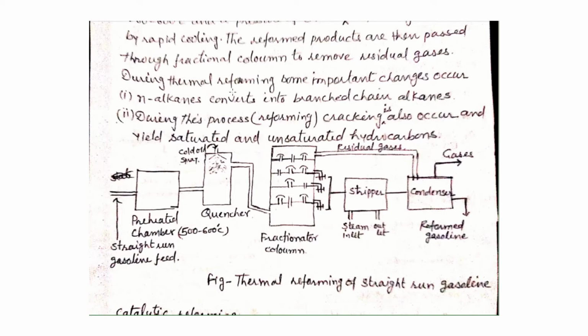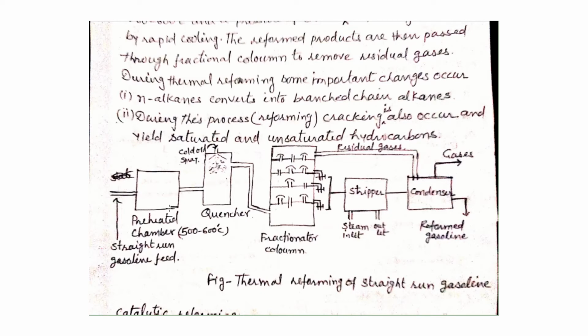What changes occur during reforming? Alkanes, meaning straight-chain hydrocarbons, convert into branched hydrocarbons. During this process cracking also occurs, and saturated and unsaturated hydrocarbons are formed.